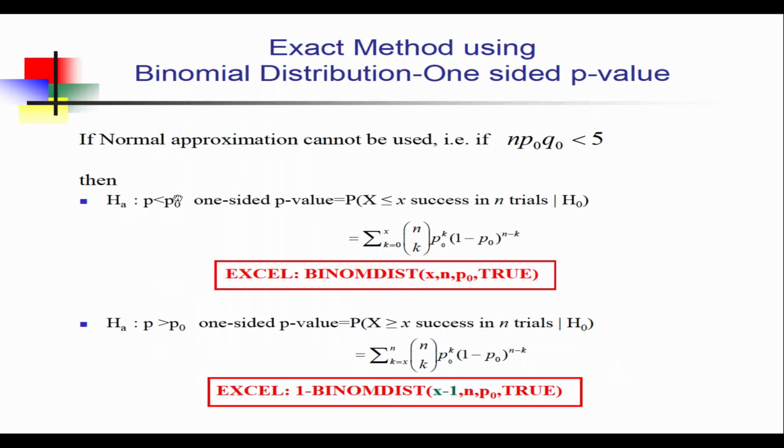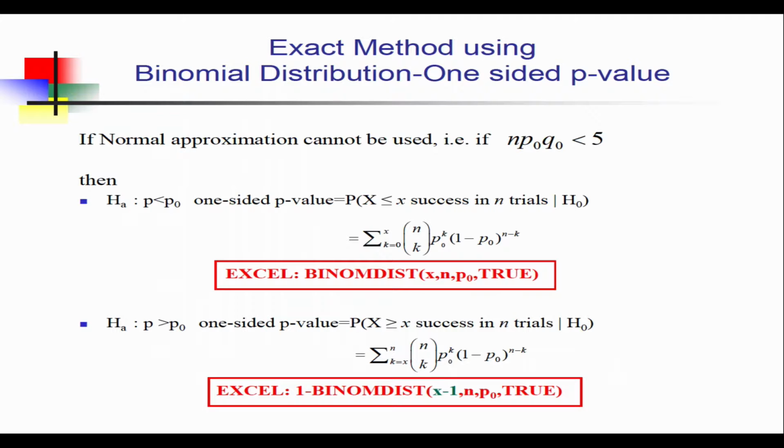We can calculate the p-value by looking at this probability. Capital X is the number of successes in this binomial trial, and small x is the observed number of successes in your sample.